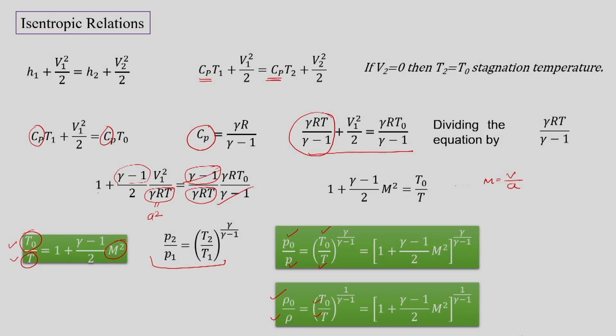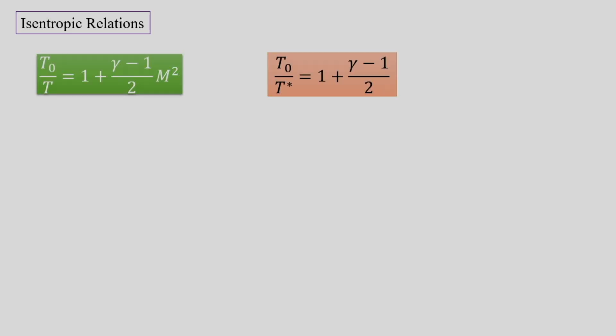Thus, we can see here that the ratio of total temperature to static temperature, the ratio of total pressure to static pressure, or the ratio of total density to static density depends only upon the Mach number and the ratio of specific heats. If we put Mach number equal to 1, then we get a special relation between total temperature and the sonic temperature.